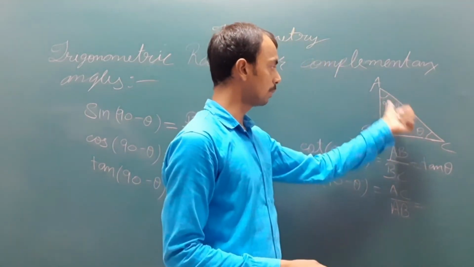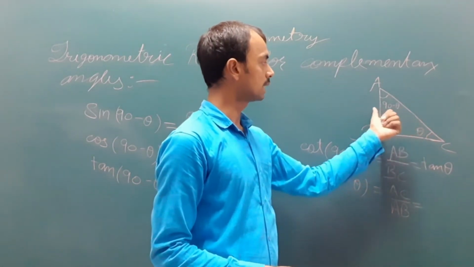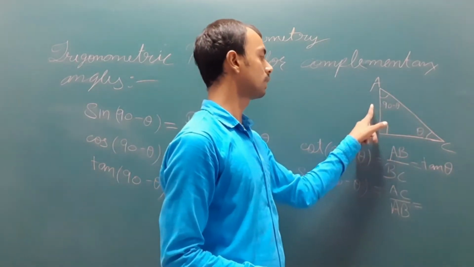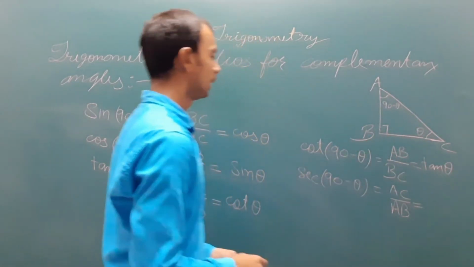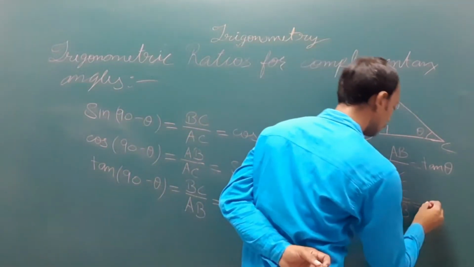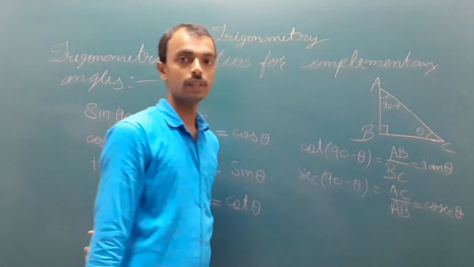Now this AB is the opposite side of angle theta. So hypotenuse upon opposite side will be cosec of theta. So this is the same as cosec of theta.